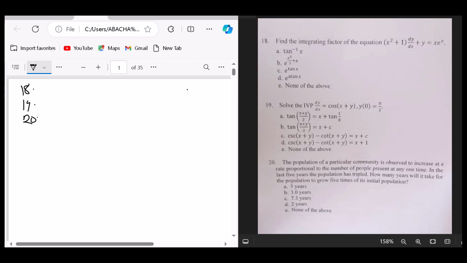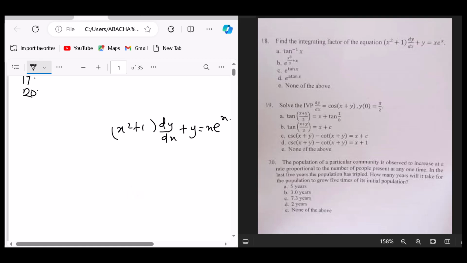So we are asked to find the integrating factor of the equation. And what is the equation? The equation is (x squared plus 1) dy/dx plus y equals x e^x. We are asked to find the integrating factor. This is a first order equation, which you can write in the standard form by dividing through by x squared plus 1.